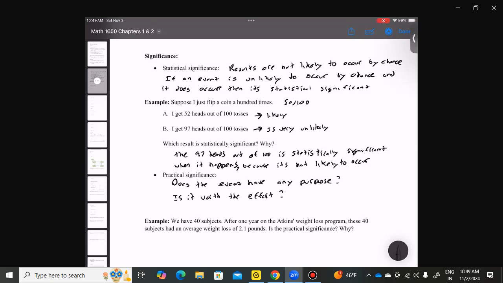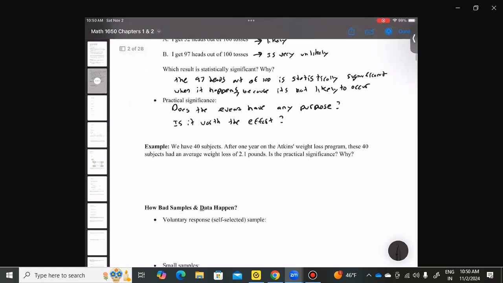There may not be any purpose in getting 97 heads out of 100 that would be practical unless you're working for a casino, maybe. But in many other research, sometimes getting something statistically significant is the goal or the most interesting thing about the research.